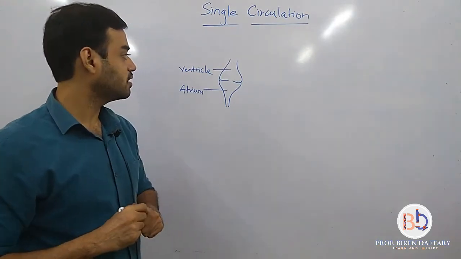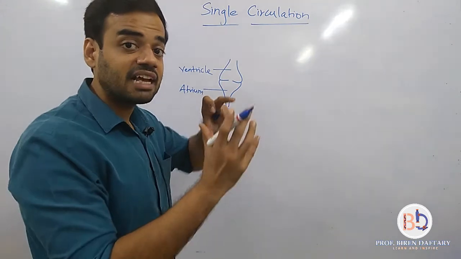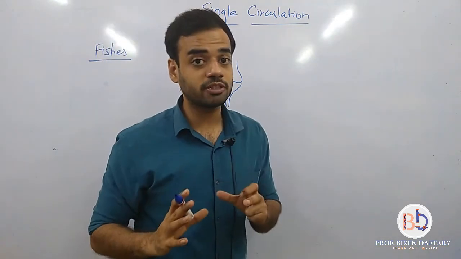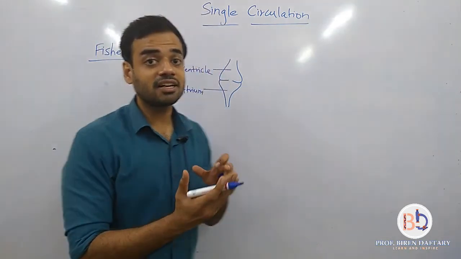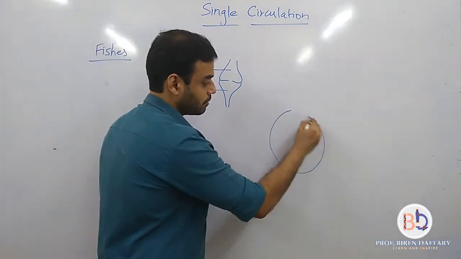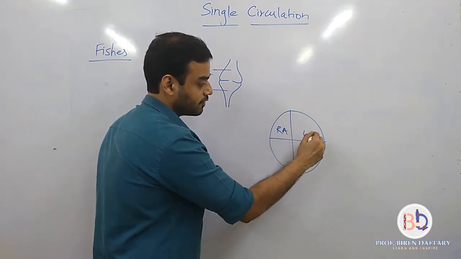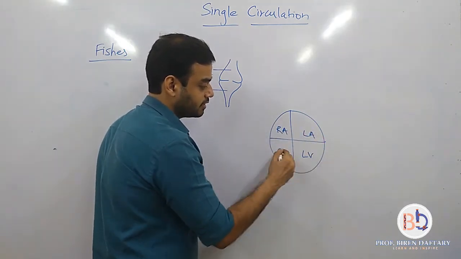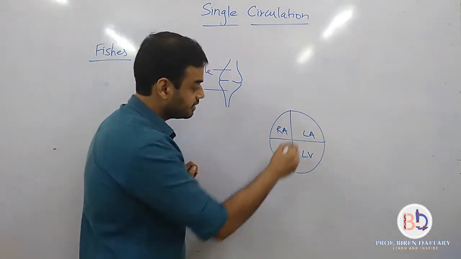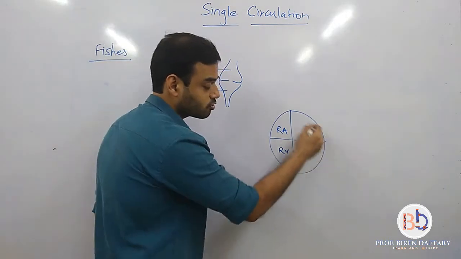So why is this single circulation? Now pay attention. Here the mechanism is slightly different compared to your four-chambered heart. In your four-chambered heart, do you remember the four-chambered heart? If you remember, this is your right atrium, this is your left atrium, this is your left ventricle, this is your right ventricle. This part was concerned with deoxygenated blood, this part was oxygenated.